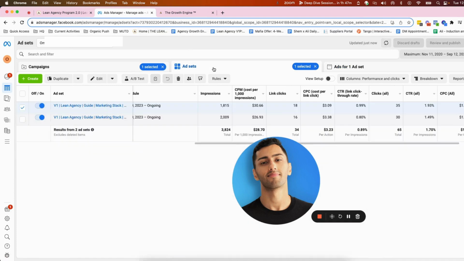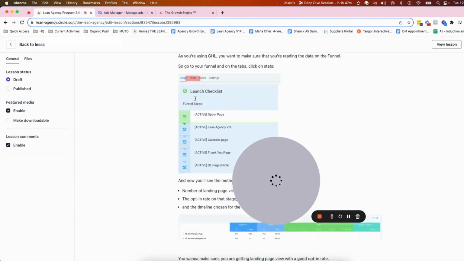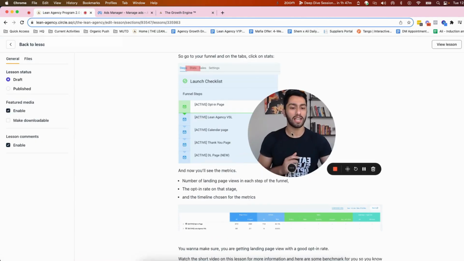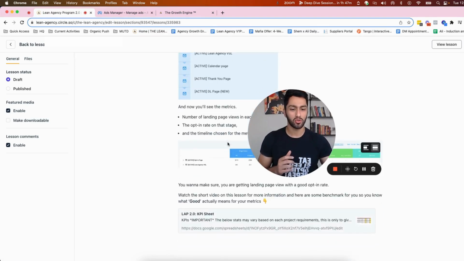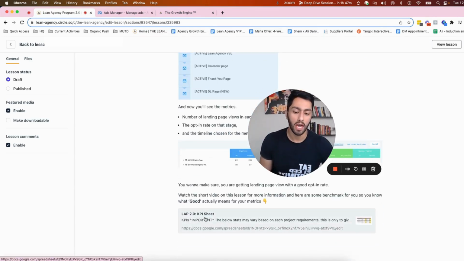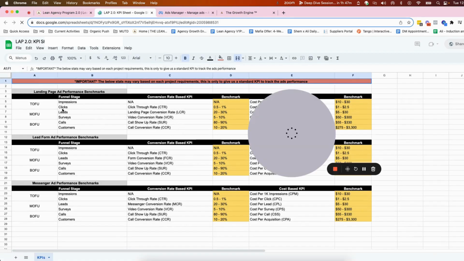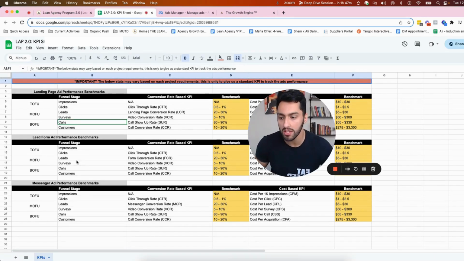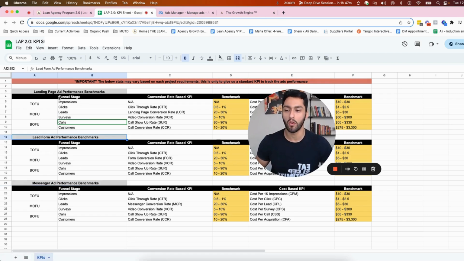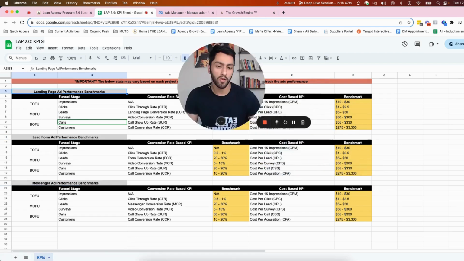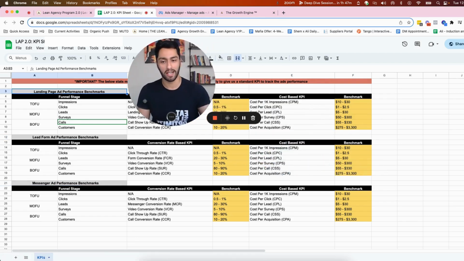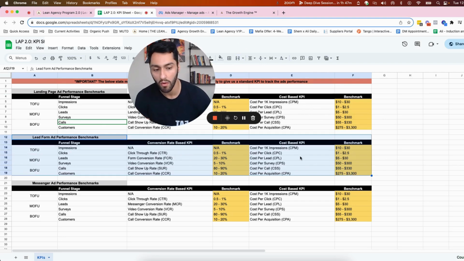So to understand how the data and metrics work, and if you want a reference point, I put a KPI sheet here, which you can have a look at. We have it for 3 different conversions, guys: for messenger ad, for lead form, and landing page runs. If you are launching your minimal friction funnel, this is the benchmark you want to aim for.